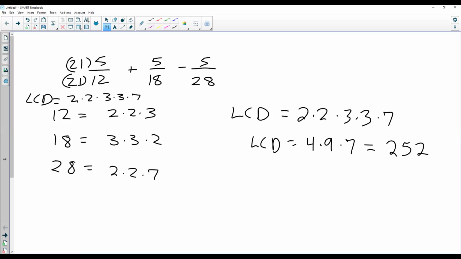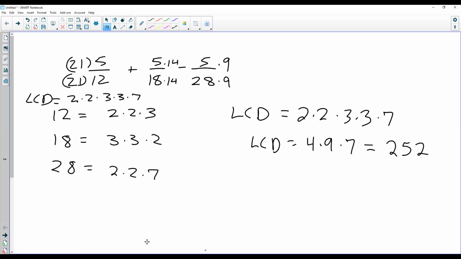Now 18, it's got a 3, it's got 2 3s, it's got 1 of the 2s, it needs a 2 and a 7. So you've got 14 there. Now the 28 has 2 of the 2s and the 7, but it doesn't have the 3s, so that says 9.